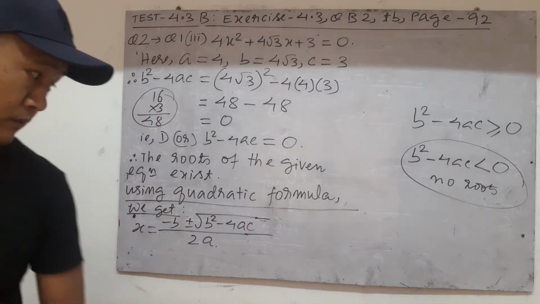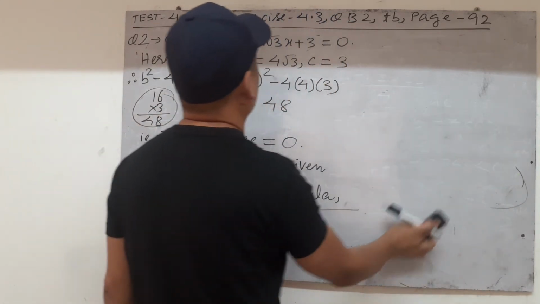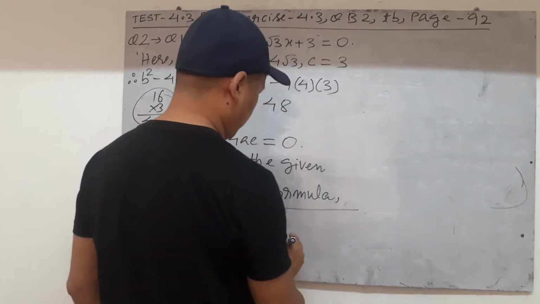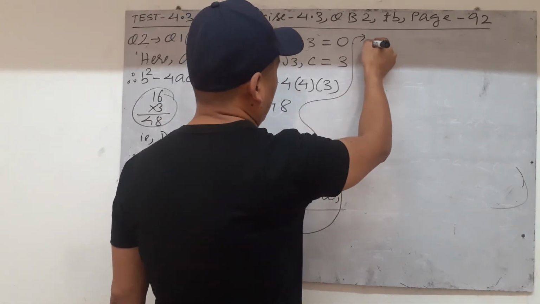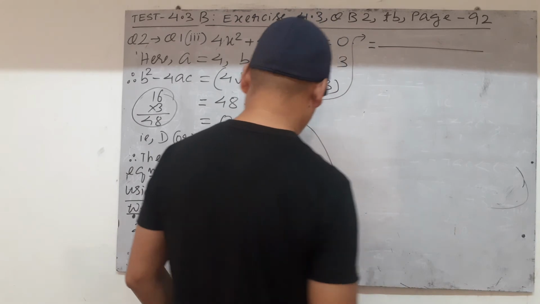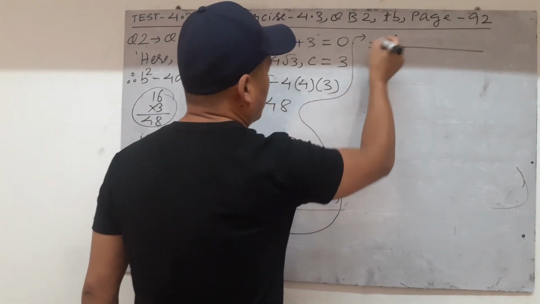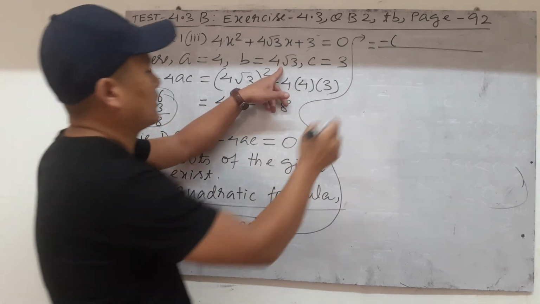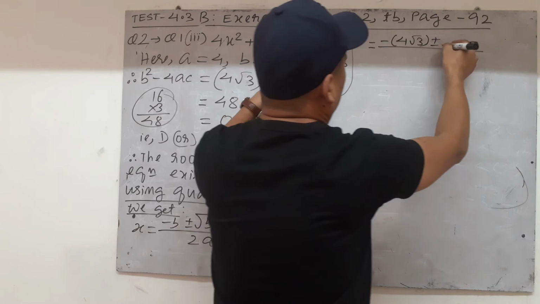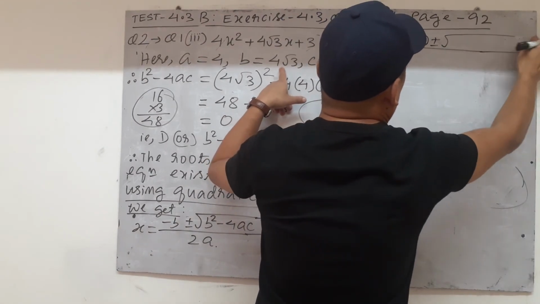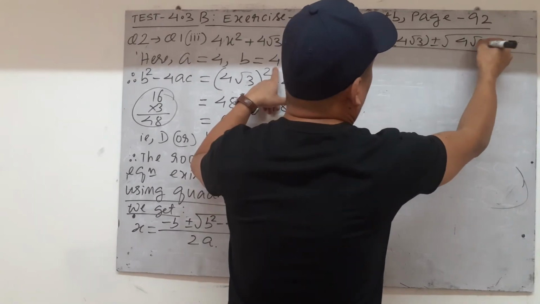Once you've written that, because they have roots, we can use the formula to solve. So we go here, that will be equal to minus b. So go and write down minus, put bracket and find the value of b, then it is 4 root 3, plus minus root over b square. So b is this one, so 4 root 3 square.